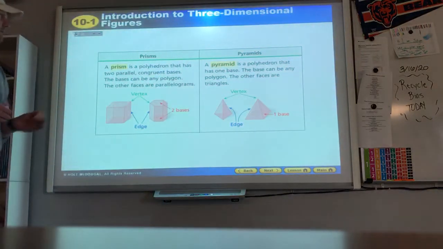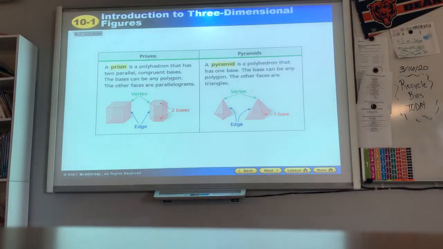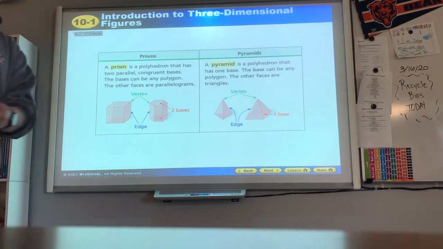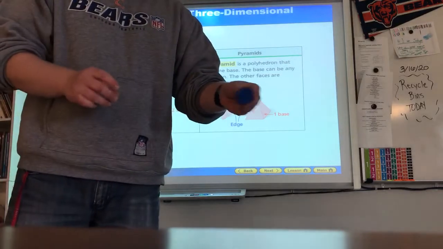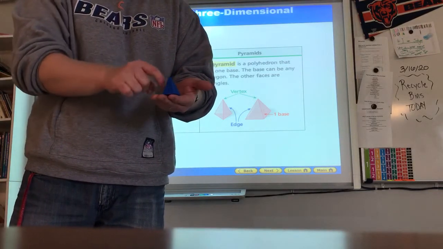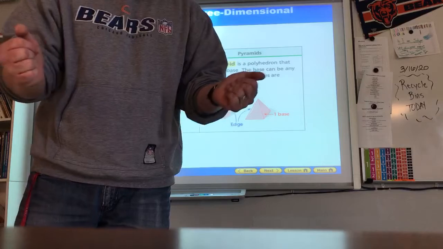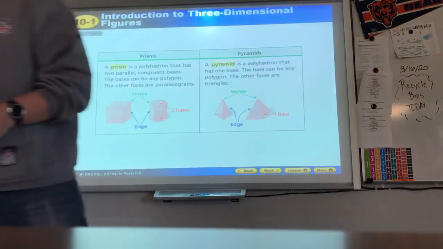There are actually many more base types that pyramids can have, but they're just not very common, so we don't talk about them extensively. One like this, a pentagonal pyramid. 5 triangles, 1 pentagon base.